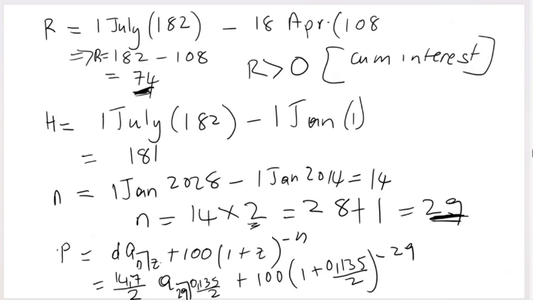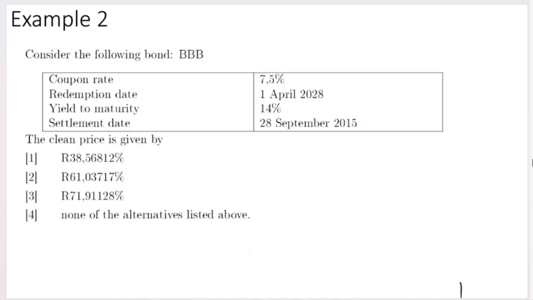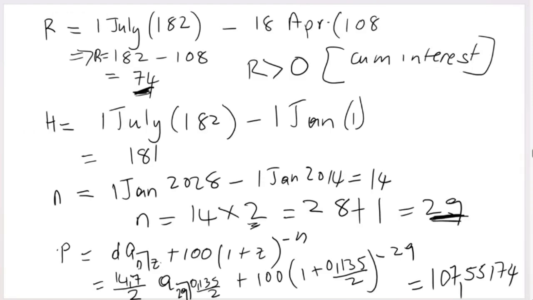You don't have time to do this manually. So your answer there is going to be equal to 107,55174. I'm leaving these to 5 decimal places so that we do not have errors.